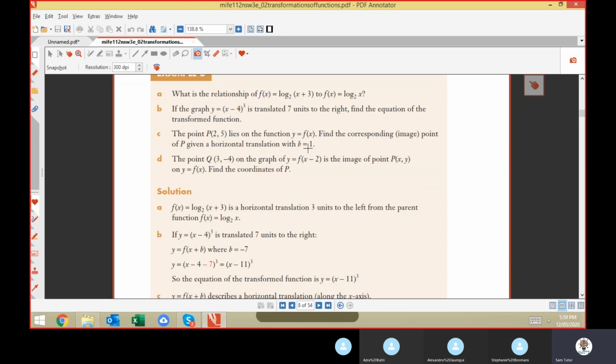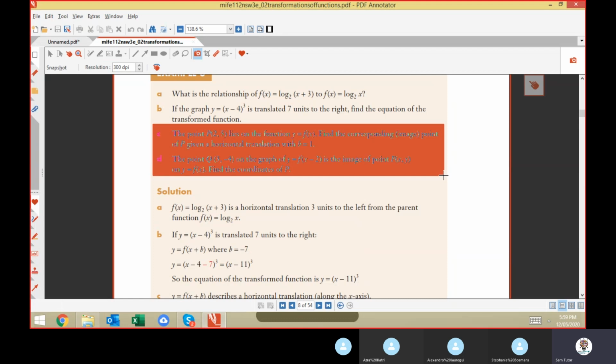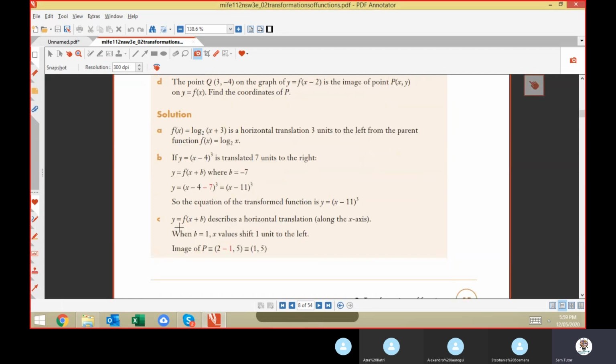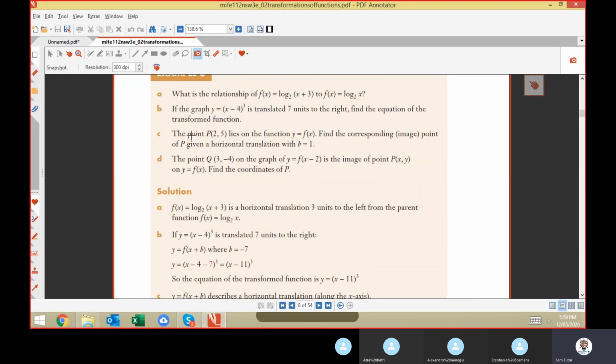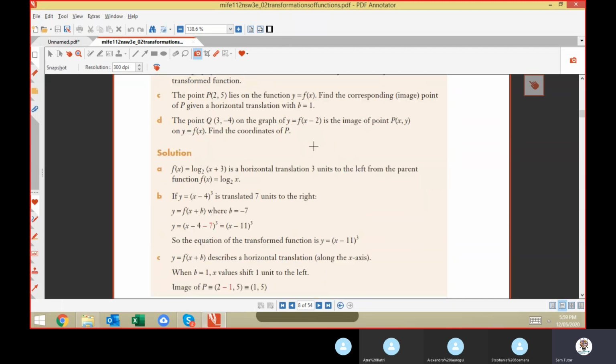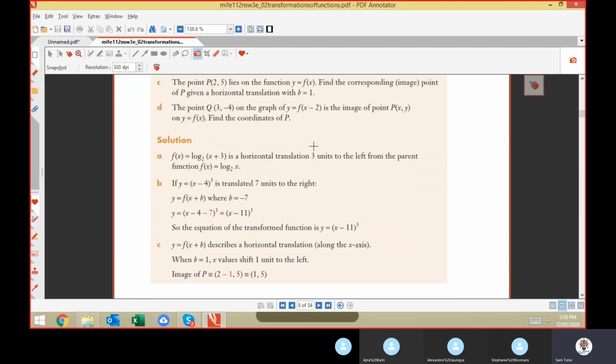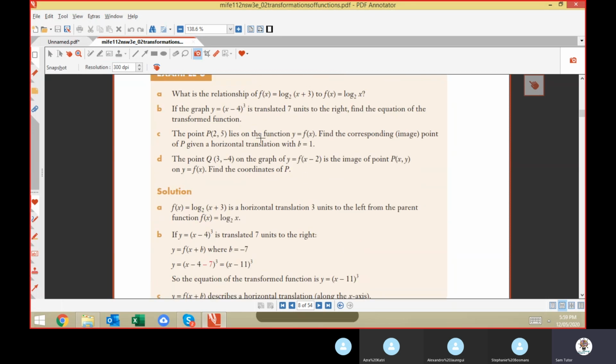Okay, those are the ones I wanted to do. The point P lies on the function. Find the corresponding image point. Just make sure. So if I was looking for 2 and 5, so horizontal translation of b equals 1. So we should be able to do a horizontal translation, so 1 left.